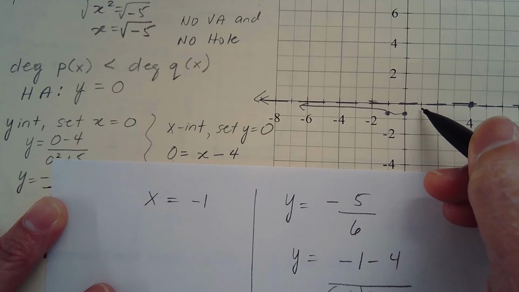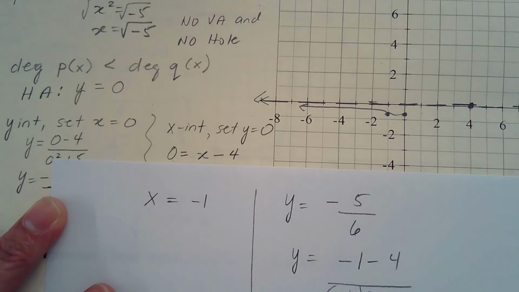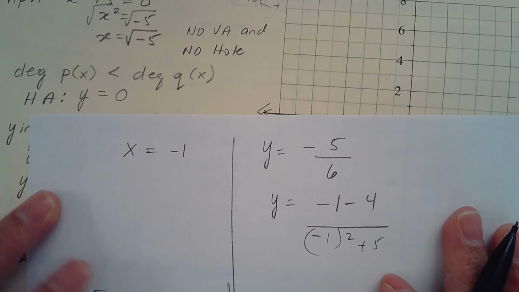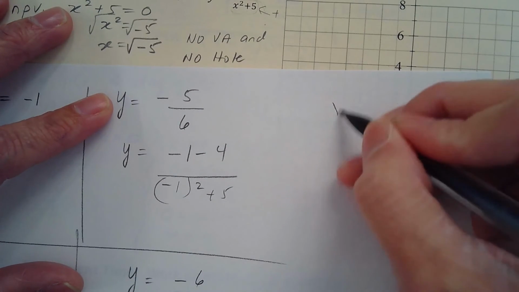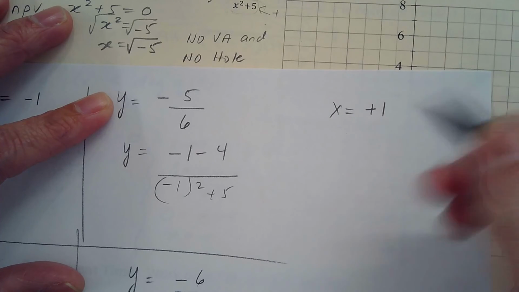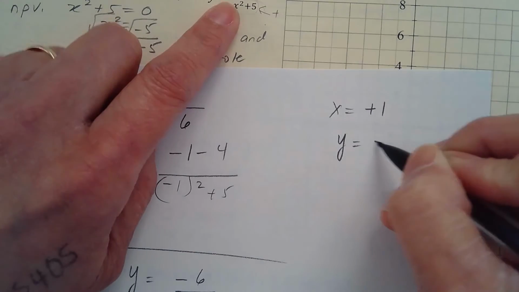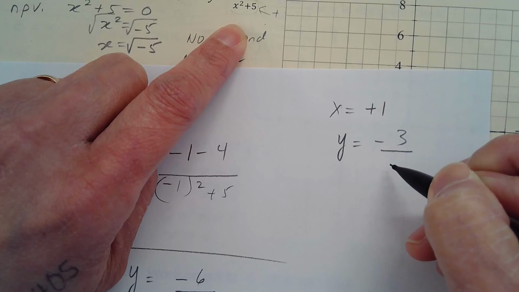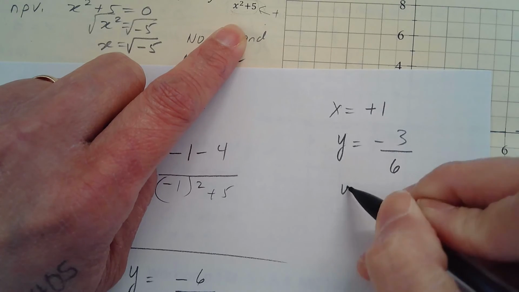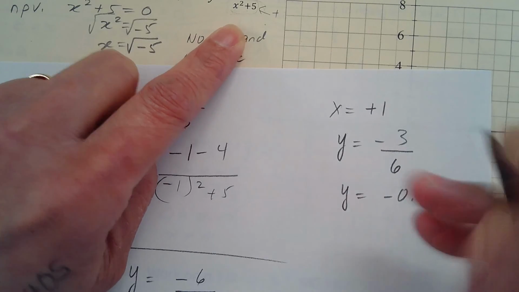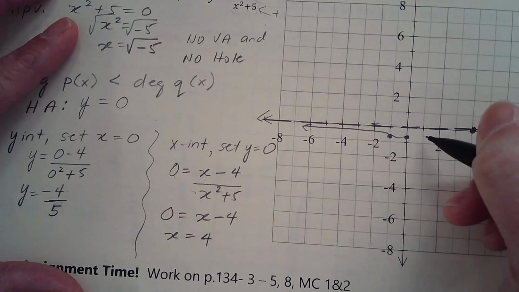Now if we pick 1 on the other side, what would happen? If x is 1, what would happen? y equals -3 over 6. So it's going to be -0.5. So 1 and -0.5.